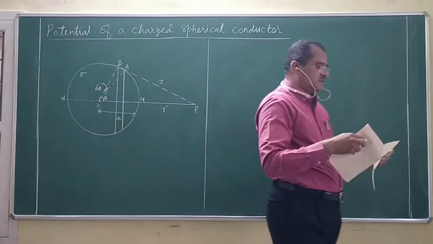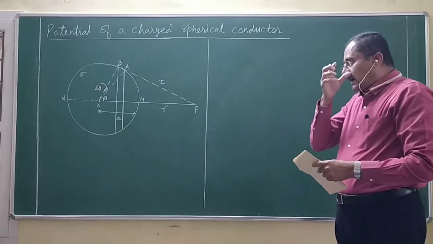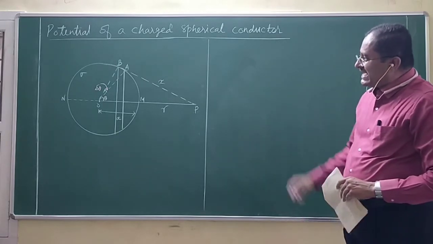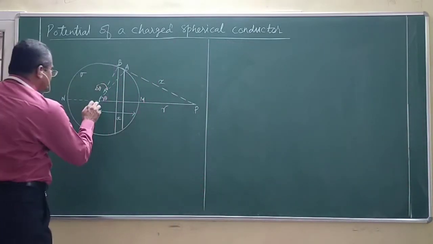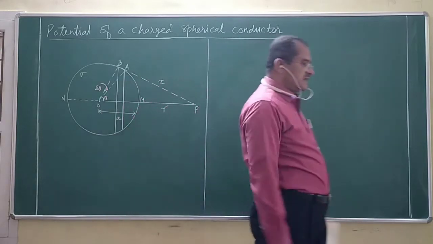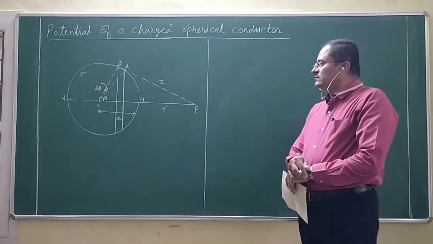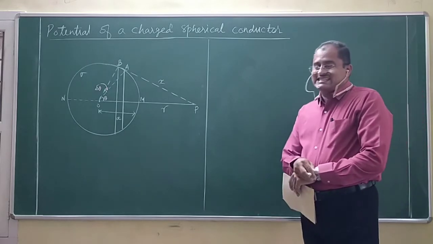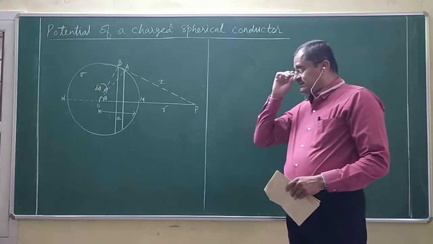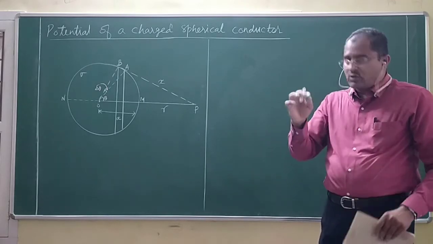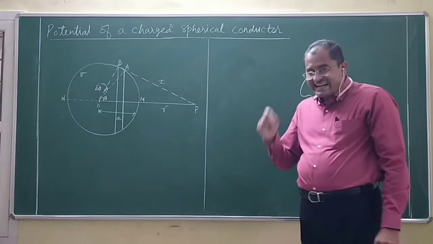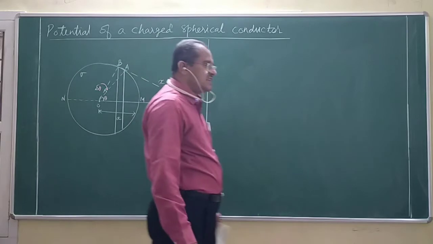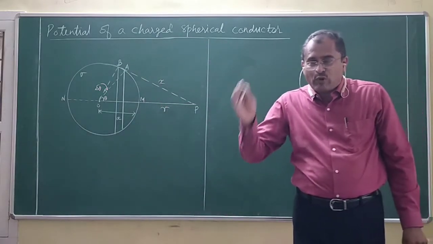We consider a point P outside this hollow spherical conductor whose radius is A, center is O. A point P lies outside this spherical conductor at a distance r from the center O. We are interested in finding the value of potential at this external point P.